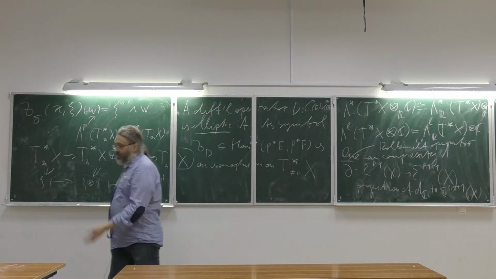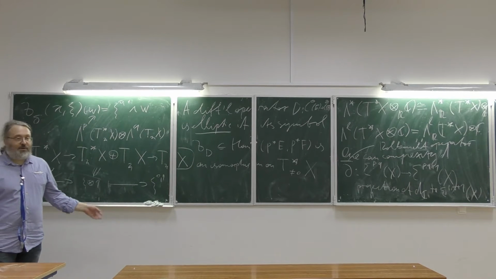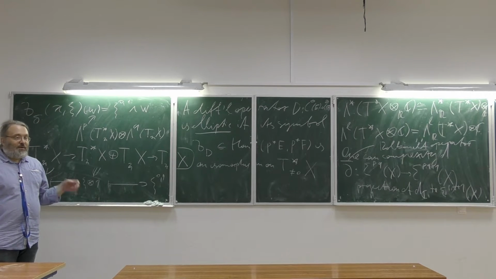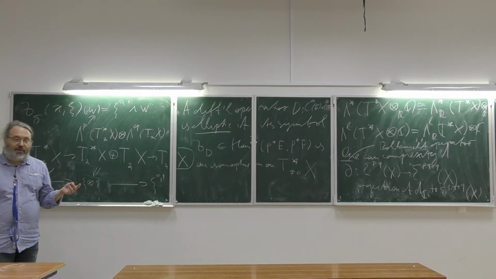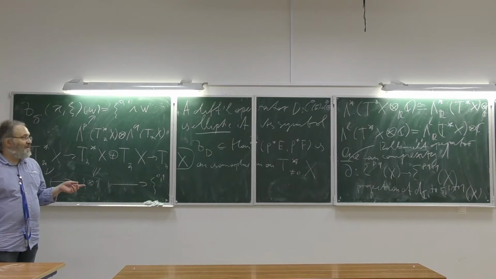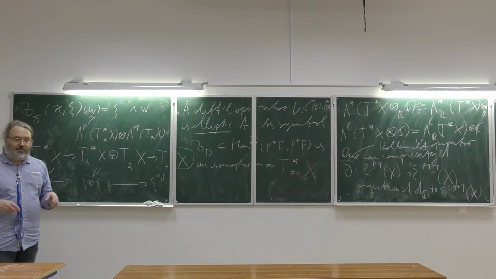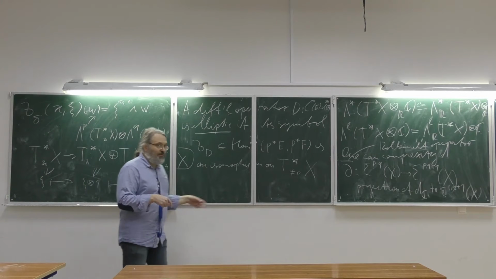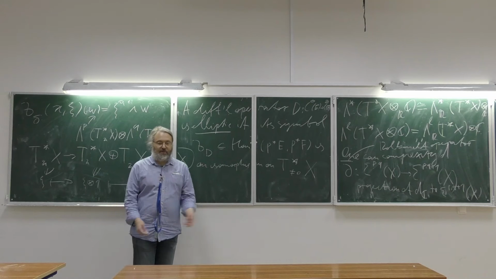Well, none of the operators we've seen today so far is elliptic. Later on we'll see how to construct an elliptic operator starting from the de Rham operator. The de Rham operator in itself is not elliptic, but if we take the de Rham operator plus the adjoint operator, we get an elliptic operator.